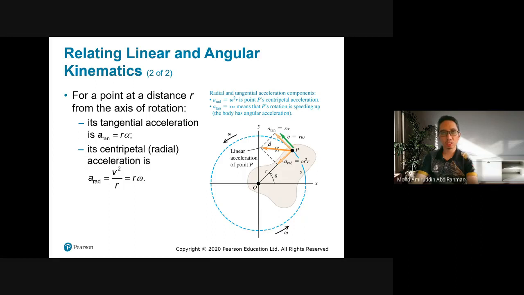It is actually simple as that. We just replace omega with alpha, and then we can calculate the tangential acceleration. Meaning that the direction of the acceleration will be tangential to the point on that circle, as you can see from the figure here.